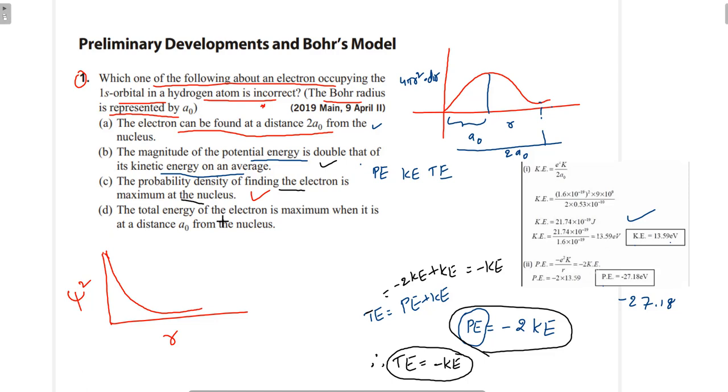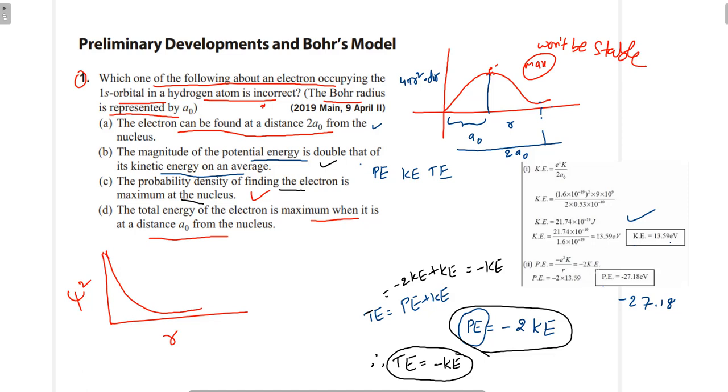The total energy of the electron is maximum when it is at a distance A0 from the nucleus. See, this is the A0. The option is telling that here the electron total energy is maximum. If total energy is maximum, it won't be stable.